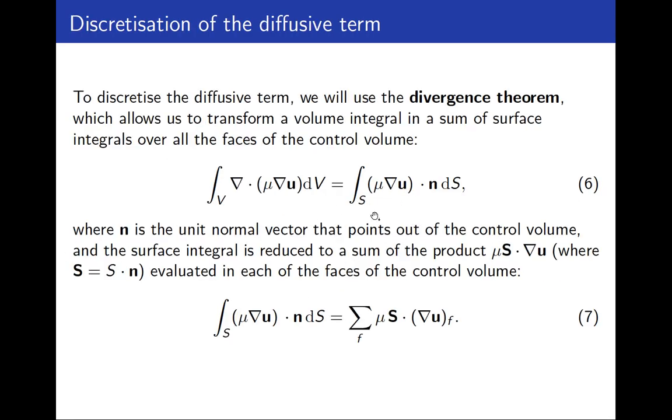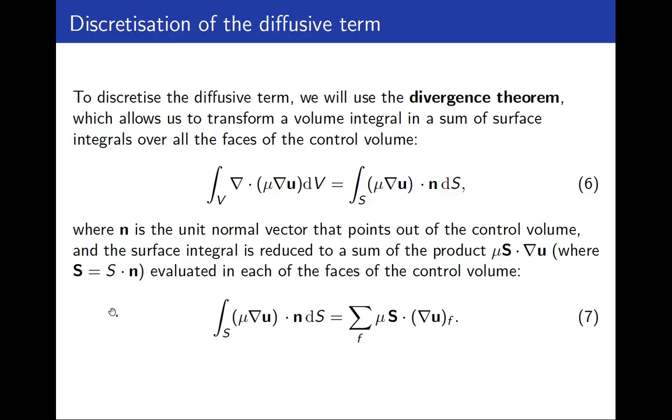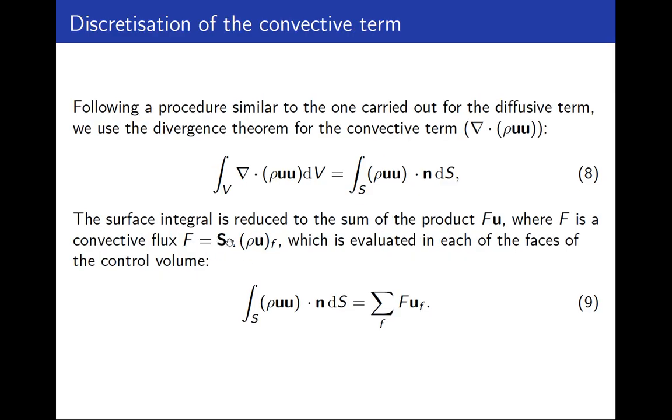The surface integral, the one on the right hand side, is reduced to the sum of the product F multiplied by U, where F is defined as the convective flux, which is just the product between this vector S that we define here, and then the interior product with this quantity, which is just the density multiplied by the velocity evaluated at the face of the cell.